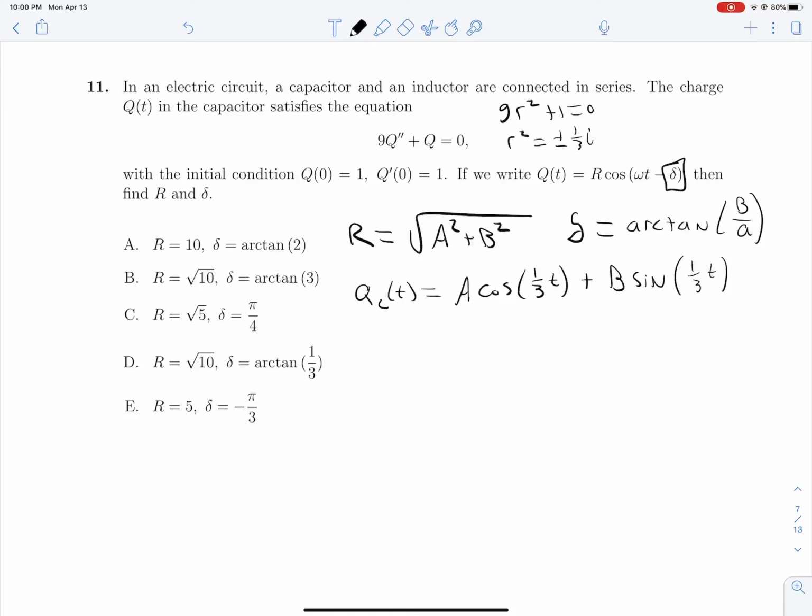Additionally, we know that Q at 0 is equal to 1, so 1 is equal to A times the cosine of 0, which is 1, plus B times the sine of 0, which is 0, so A is equal to 1.